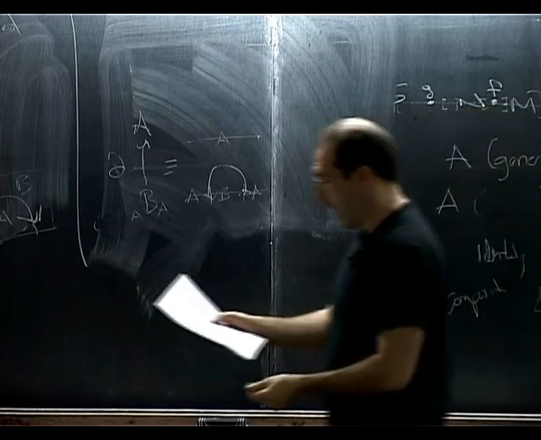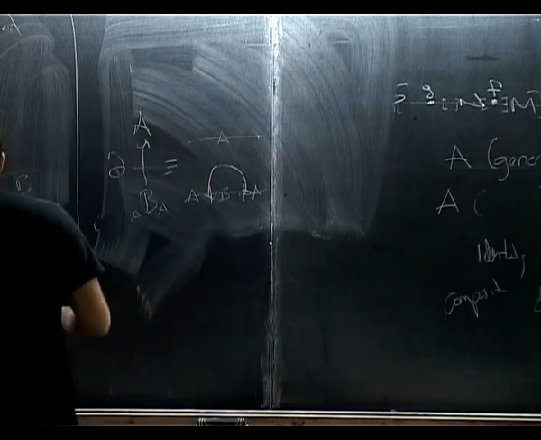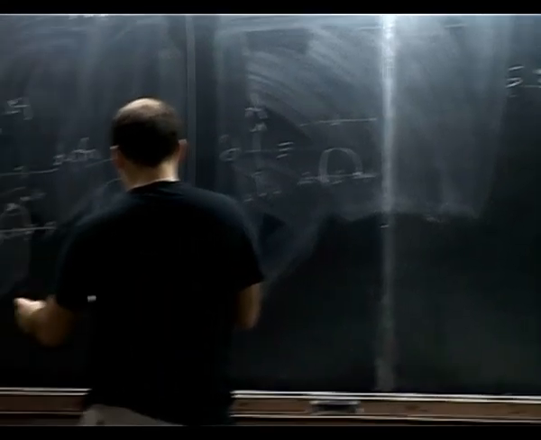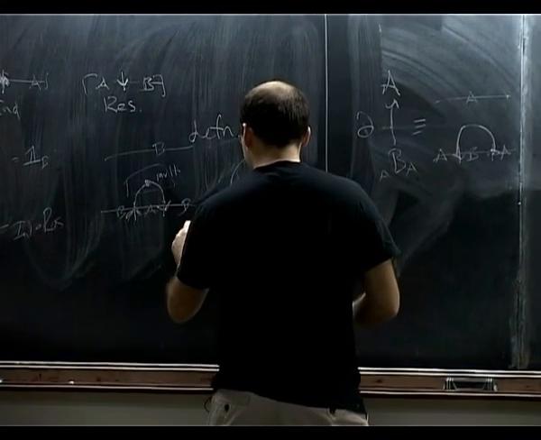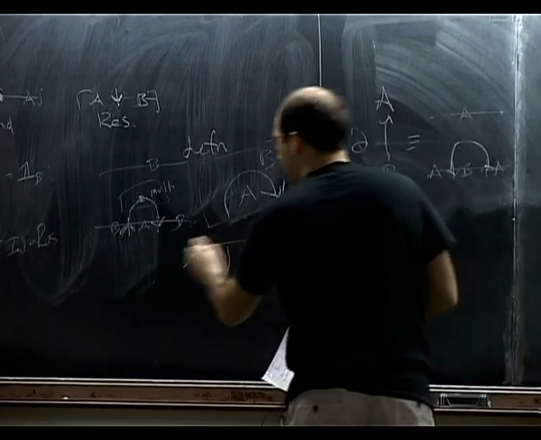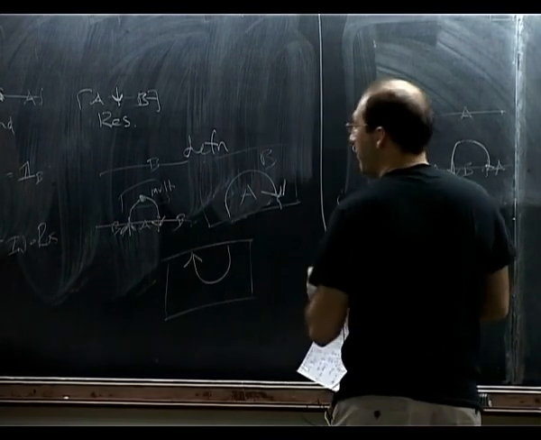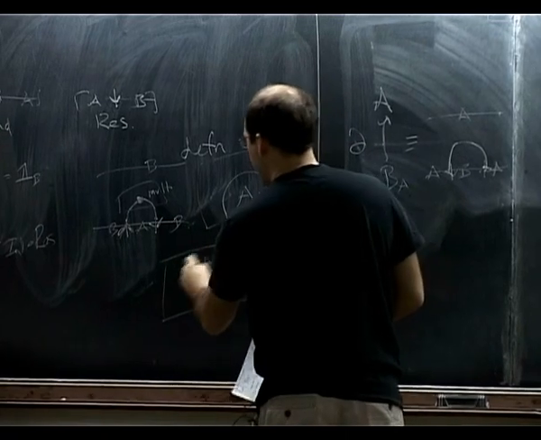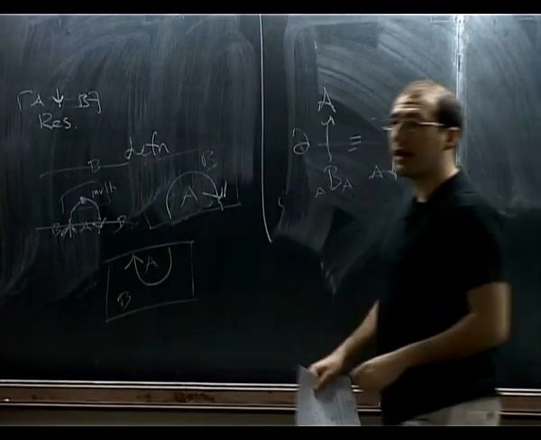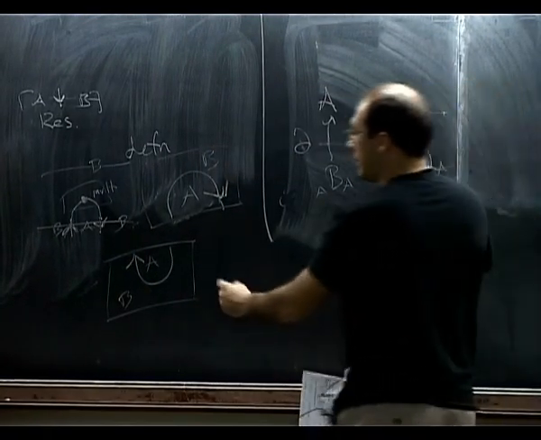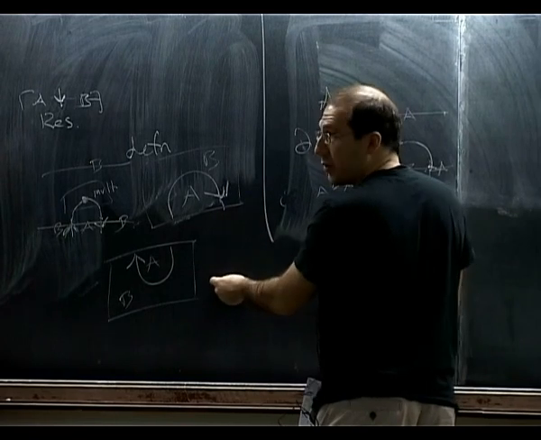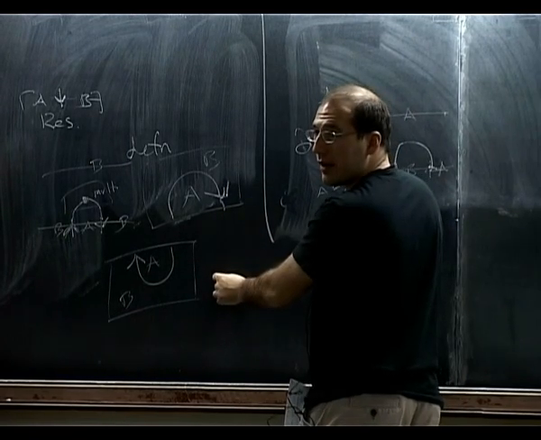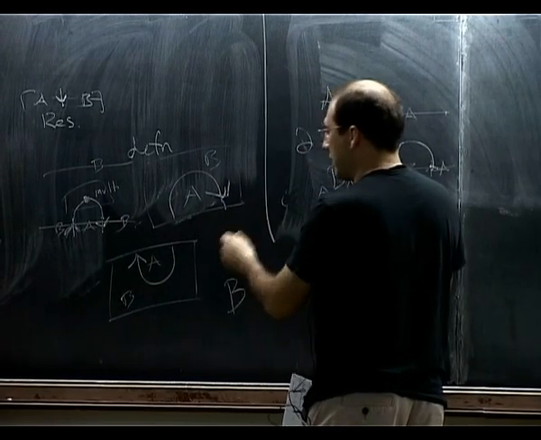And we've got two more maps, and unsurprisingly, they're going to be something else. So we also have the clockwise cup. Right, what is this? This is some map from, what's the source? B. And what's the target?